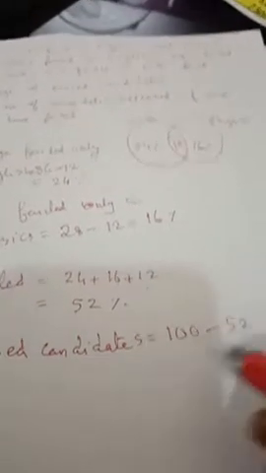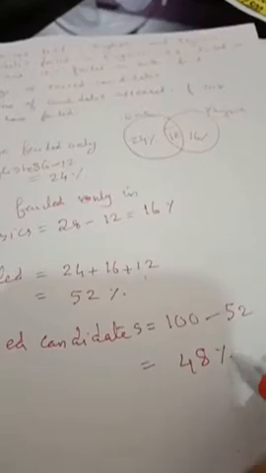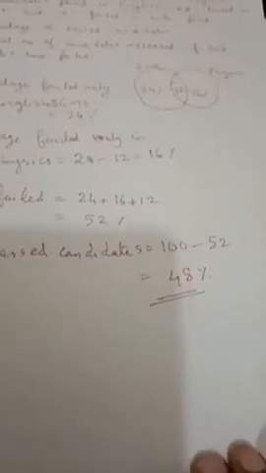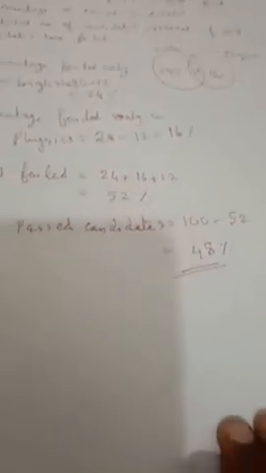So 100 minus 52 is equal to 48%. This is the first question's answer. 52 is the failed percentage, so 100 minus 52 is 48.